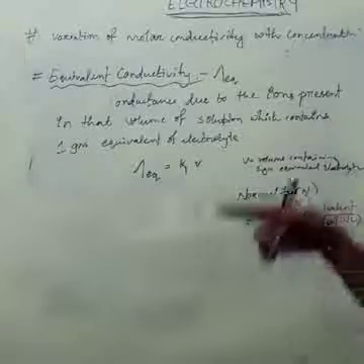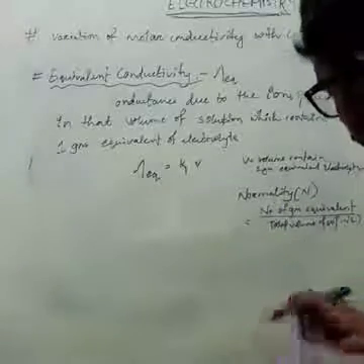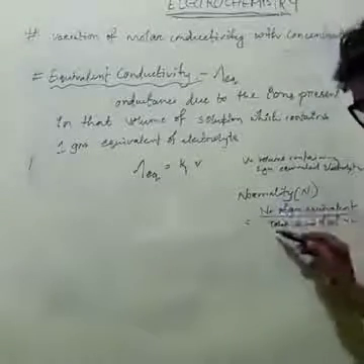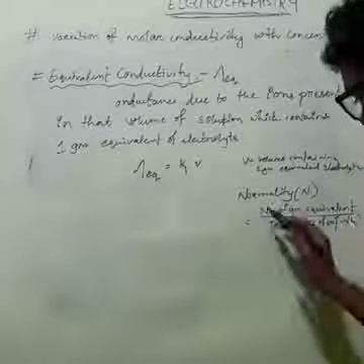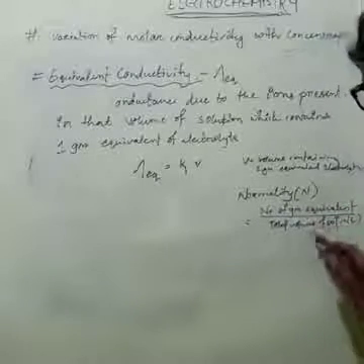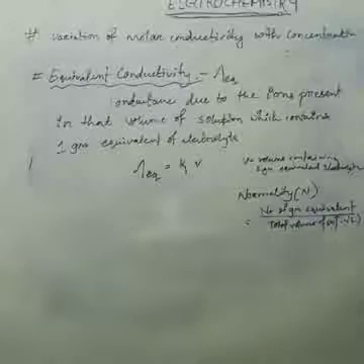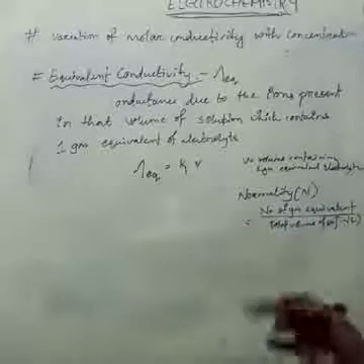Same as in molarity, where you calculate the number of moles of solute in the total volume of solution in liter. Here it is the number of gram equivalents per total volume of solution in liter. This is your normality. Is it clear?